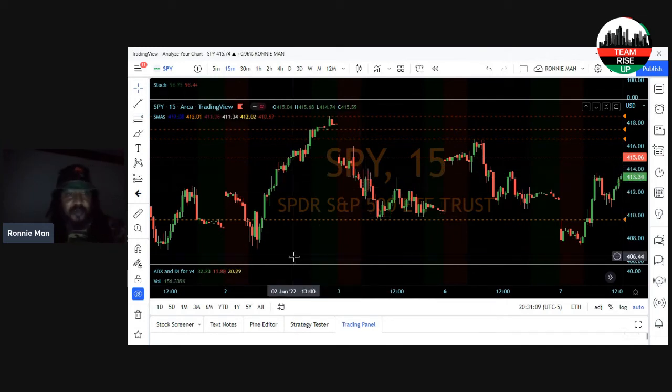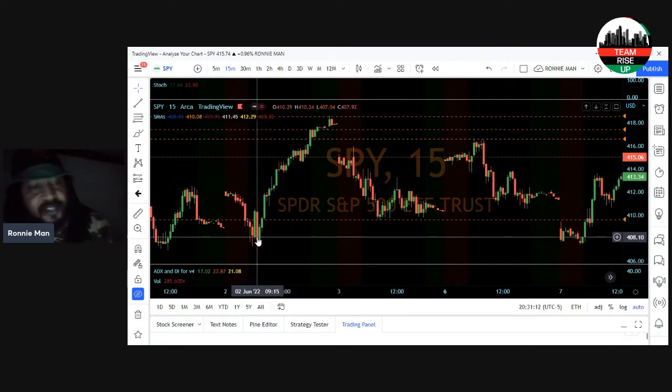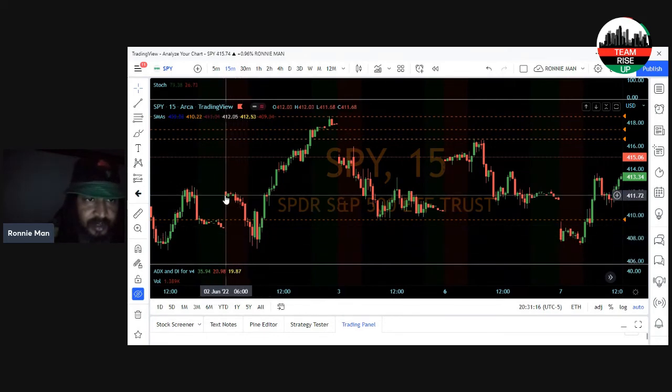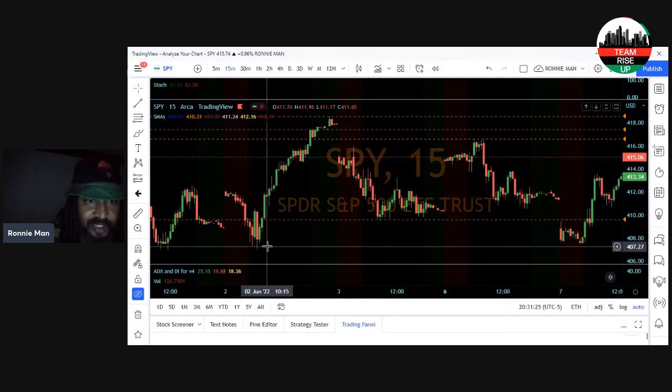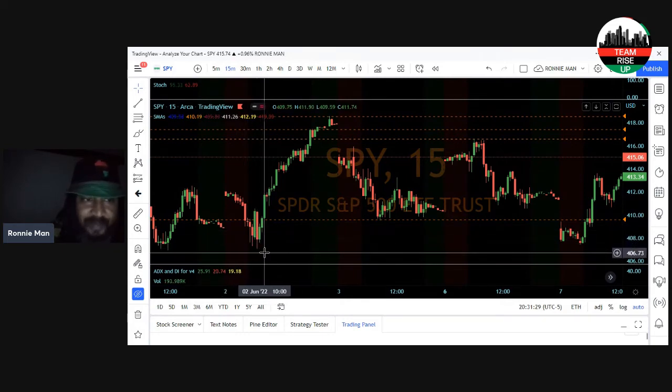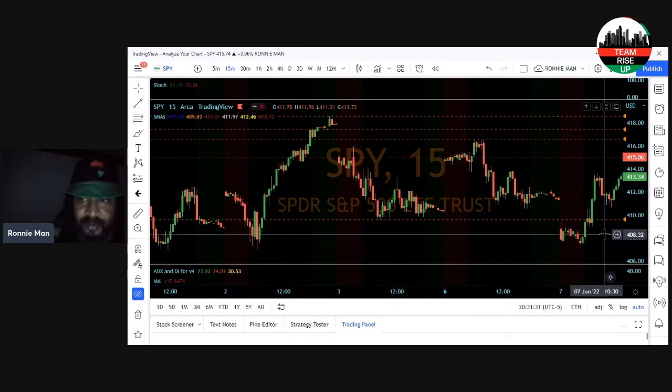But again, basically paying attention to what price is doing on these candles. This first candle. Come on, let's look at another one. This is Thursday. Watching the market, all these lower lows and lower highs come down. Now, look at where it is again. It's right back at my resistance.